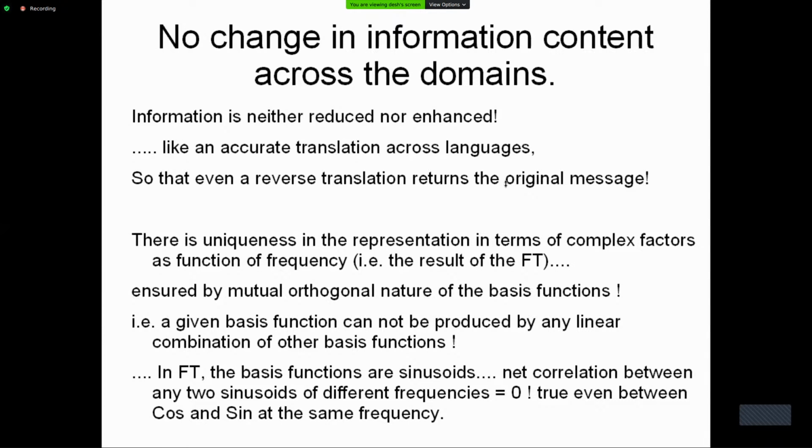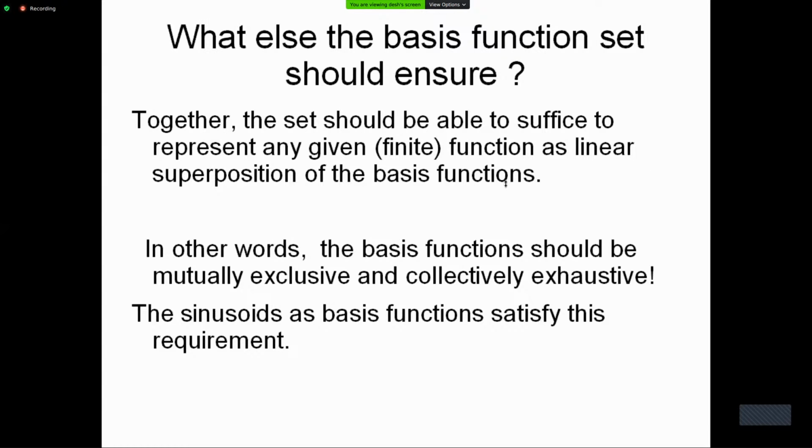This is true even between cosine and sine, which, you know, are shifted versions of each other by 90 degrees. If you compute the correlation of cosine and sine, you get another sinusoid, which, when integrated, because of the symmetric oscillation around zero, you will get zero. All right.